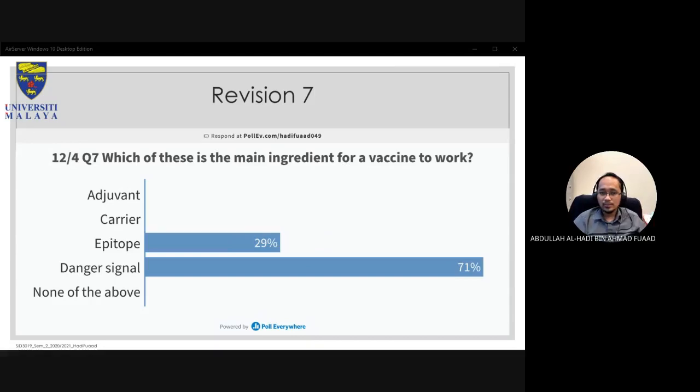So this one is based on lecture number 4, if I recall correctly. So adjuvant, carrier, epitope, and danger signal. Again, the question asks for the main ingredient.